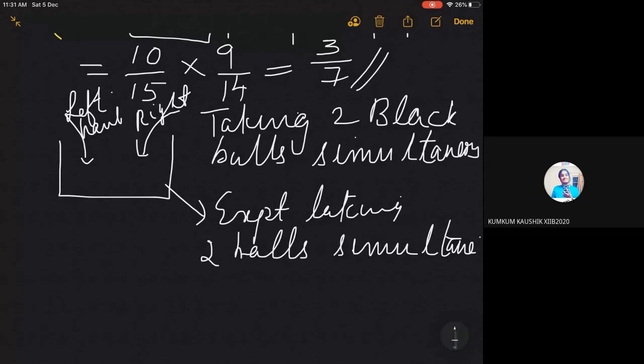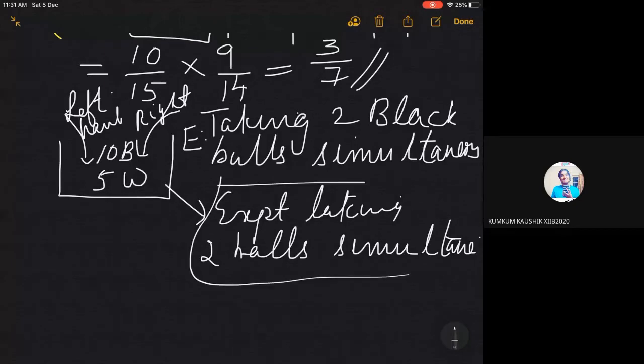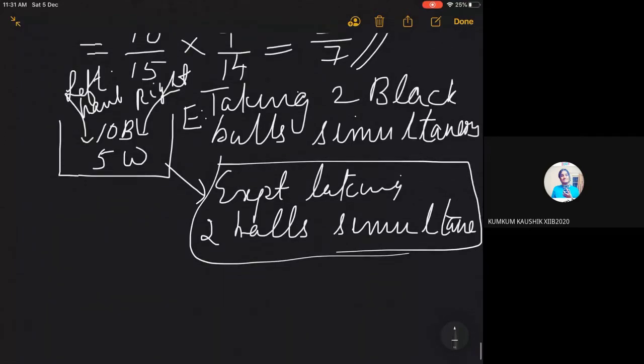So we have here 10 black and how many white? 5 white. Okay. So taking 2 balls simultaneously is an event, and the experiment is of taking 2 balls simultaneously from the 15 balls. So what is the number of elements?